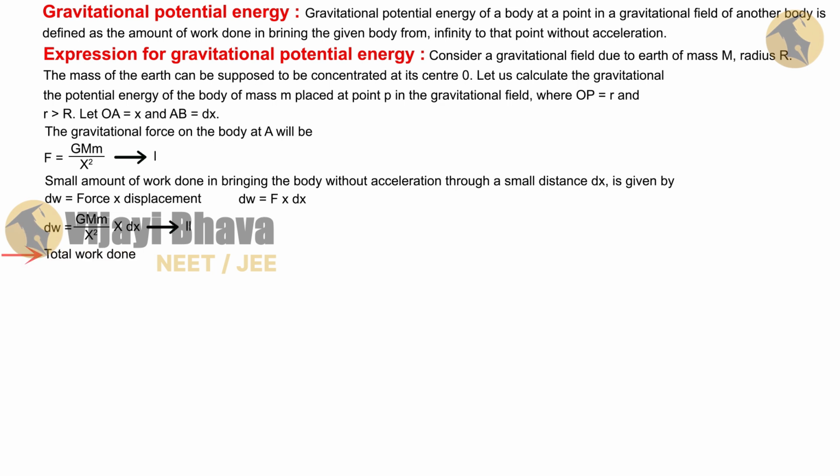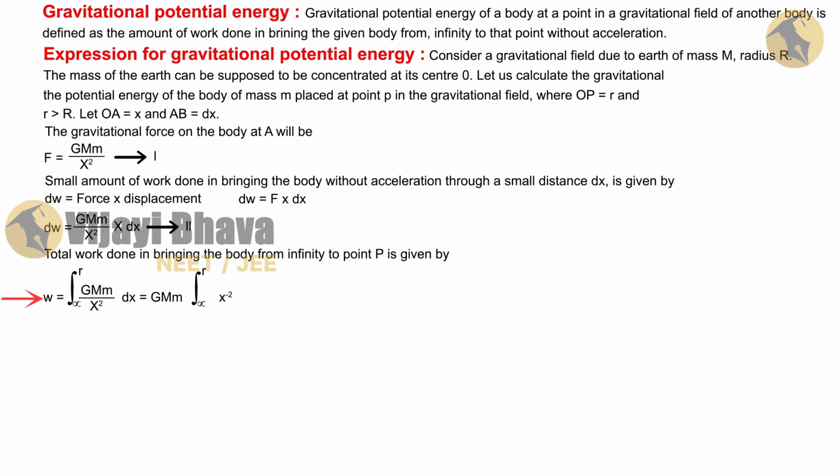The total work in bringing the body from infinity to that point P is given by W = integral from infinity to r of GMm/x² dx. As G, M and m remain constant, these need not be integrated. Hence, the above equation is written as W = GMm integral from infinity to r of x^-2 dx.